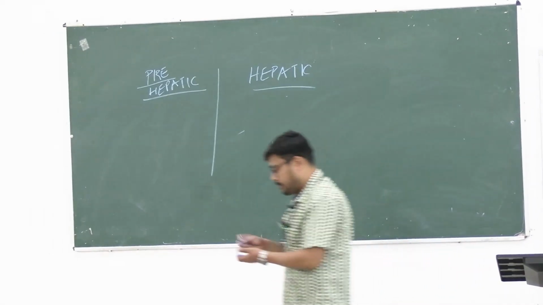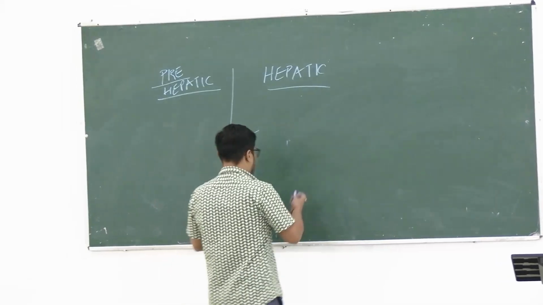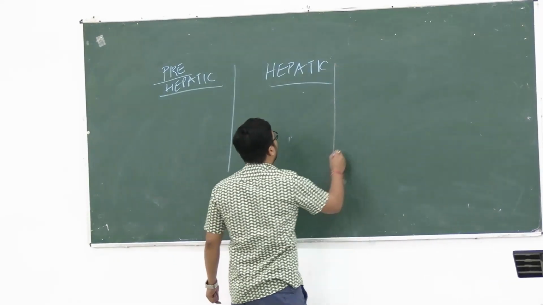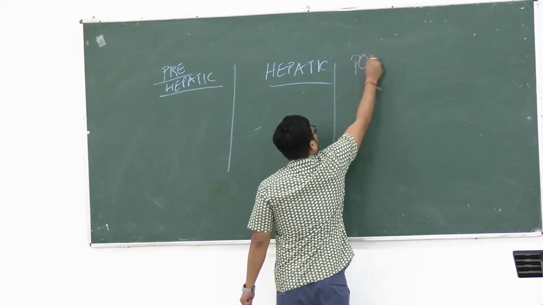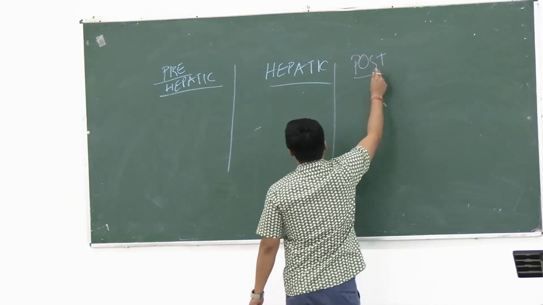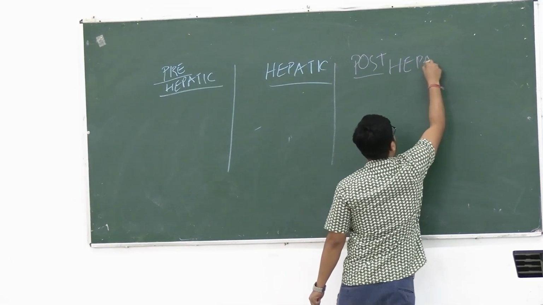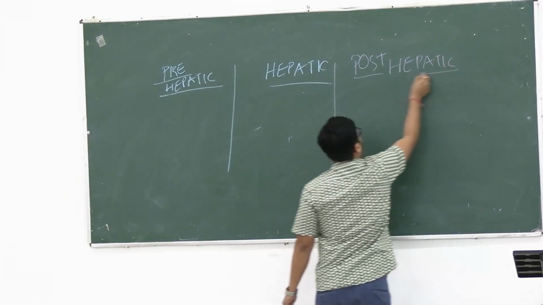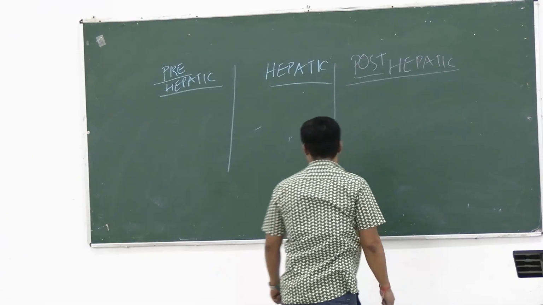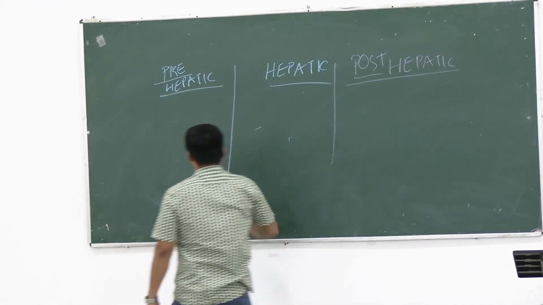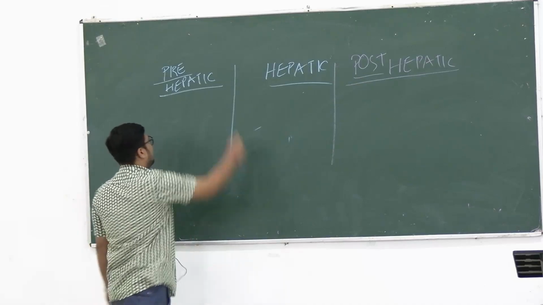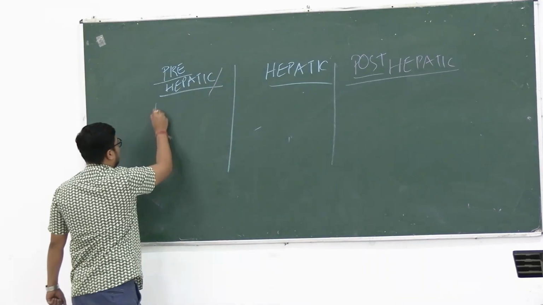Okay? And next is the final or the surgical jaundice, called post-hepatic jaundice or cholestatic jaundice. So pre-hepatic, other name is hemolytic.